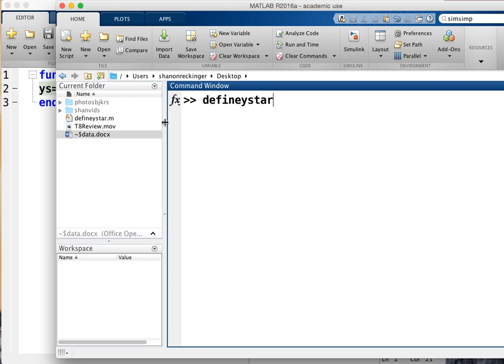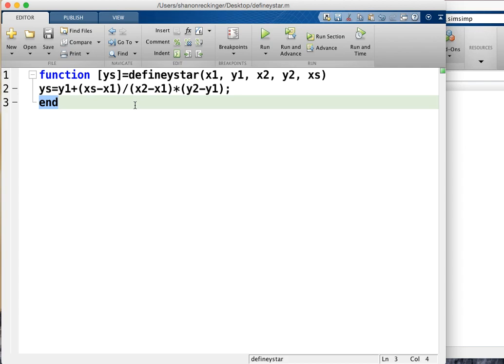Okay, so I put in x1, y1, x2, y2, and x star was 151. And then the output will just give me that value. It's only one line, so you don't need to put it in a separate function, but I see this as a useful thing that you could use for other things, so having it in a function is kind of nice.